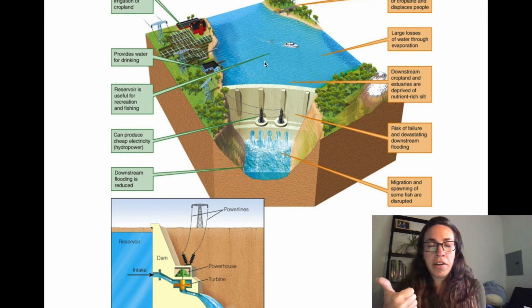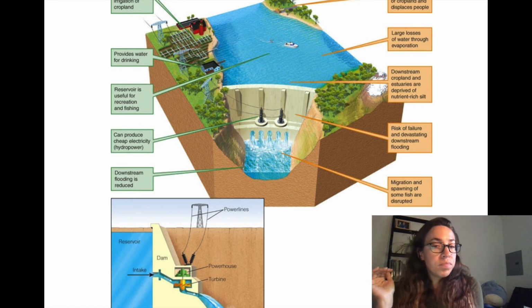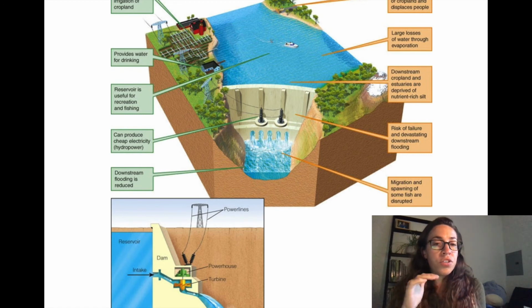We can irrigate crops upstream. We can provide drinking water upstream. We can use that reservoir for recreation, for fishing. We can control the flow of the water from the reservoir through the dam to generate hydroelectricity. Downstream flooding events are going to be fewer because we have control over how much water passes through the dam and when that happens.